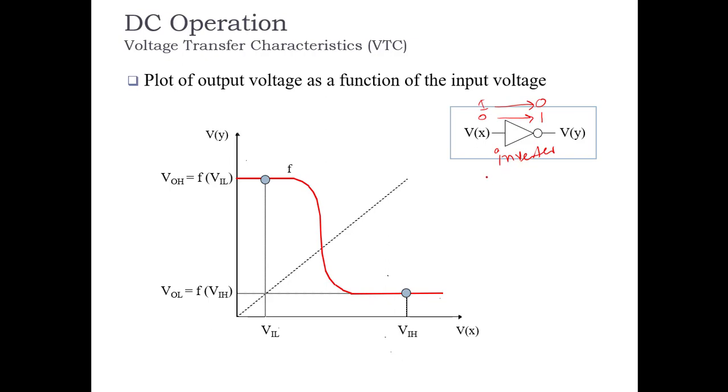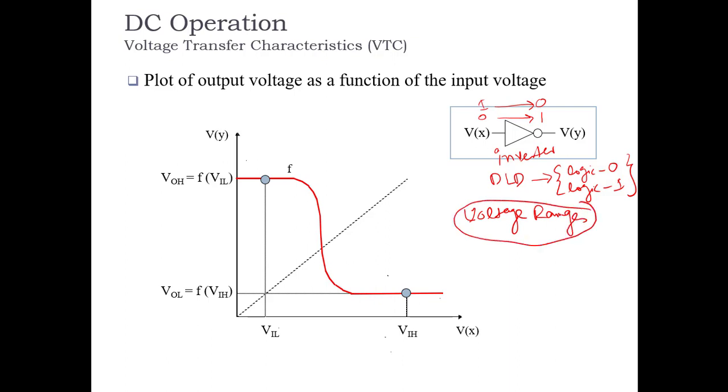So in all your DLD, you talked about two things: logic 0 and logic 1. Now, what is logic 0 and what is logic 1? Basically, they are voltage ranges.